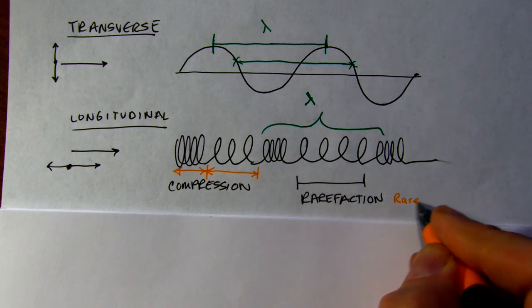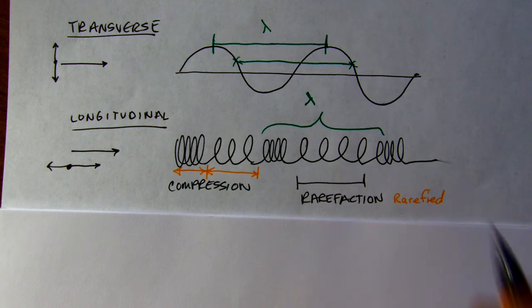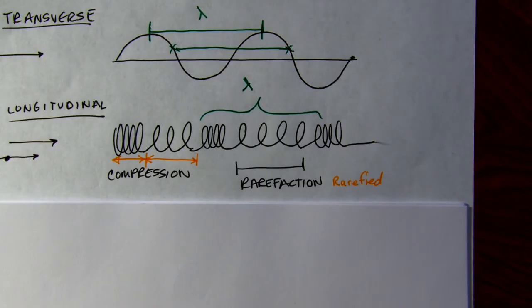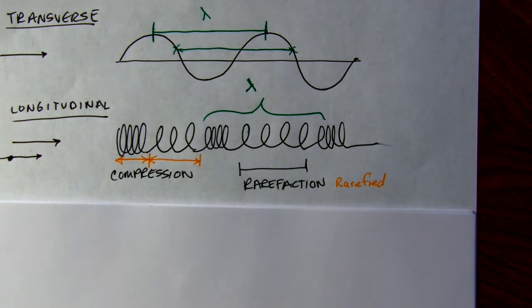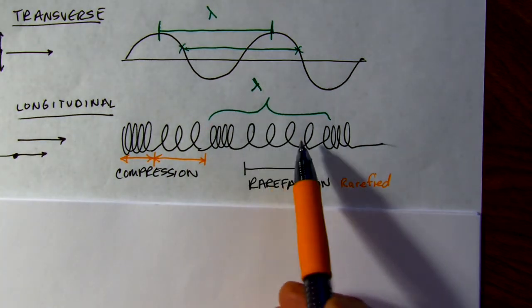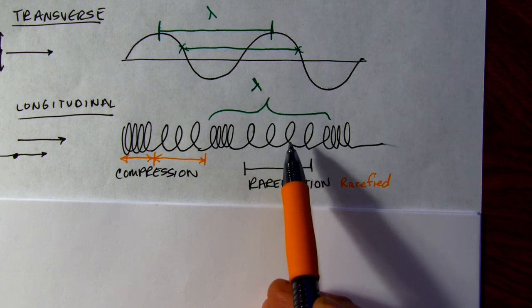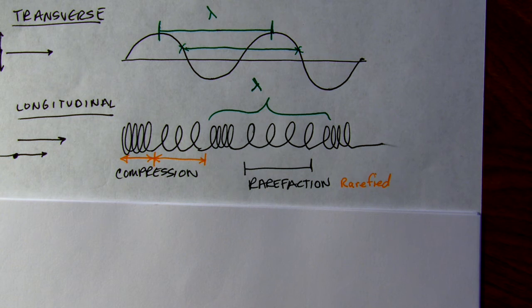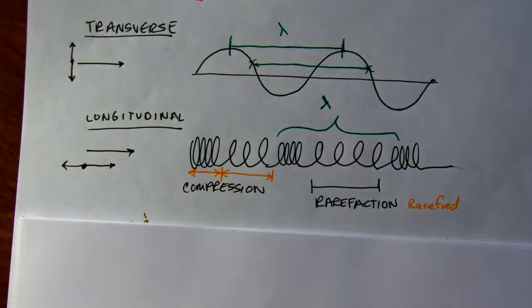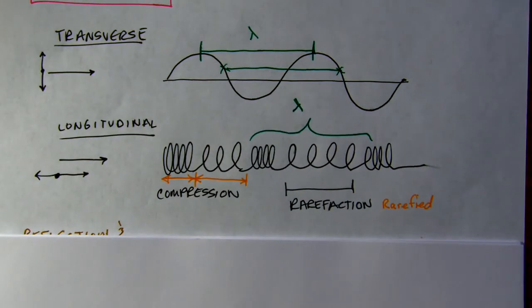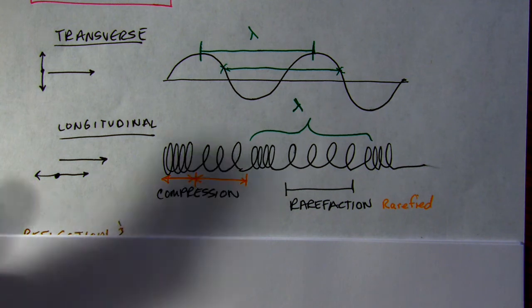There's an old phrase, rarefied air, and that means the room got quiet. When you talk about rarefied air, you're talking about where there's nothing in the air. In space, they say outer space has rarefied air, so there's not much stuff there. Okay, so why do we do this? Why are we going back to transverse and longitudinal waves?